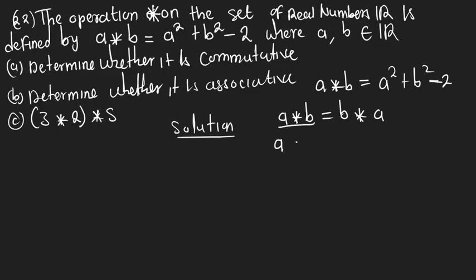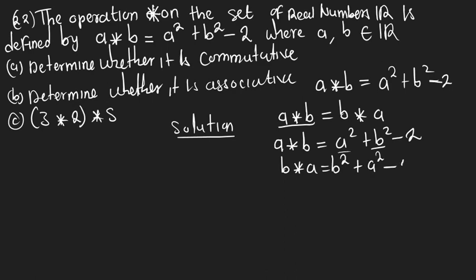So we have A star B. How can this also be written? A star B is the same as A to the power 2 plus B to the power 2 minus 2. So B star A, you just exchange the positions, meaning your B will come here, your A comes here, then you have minus. Are these equations the same?